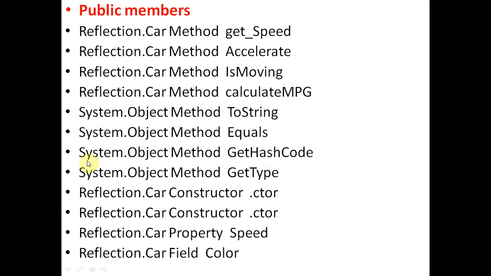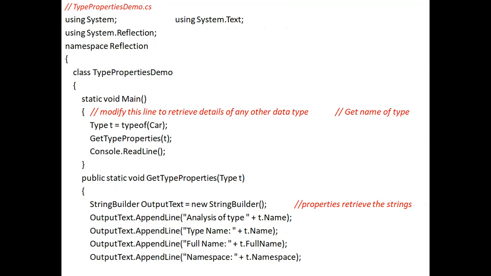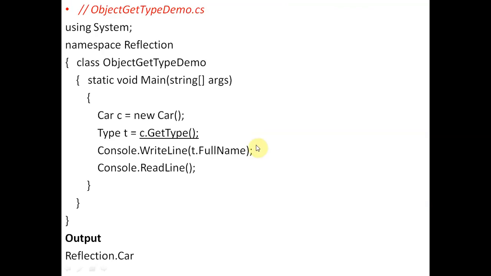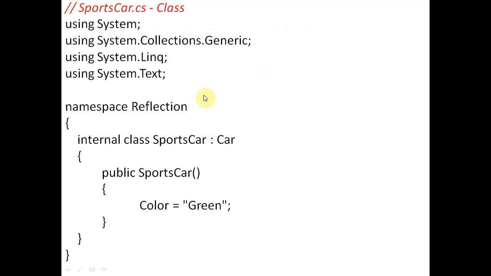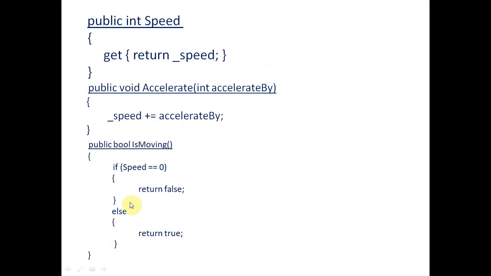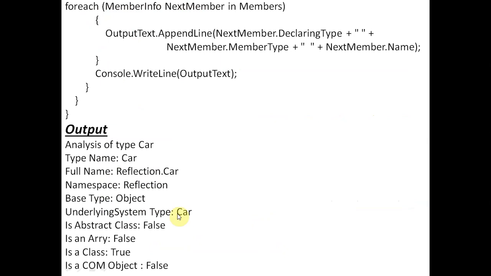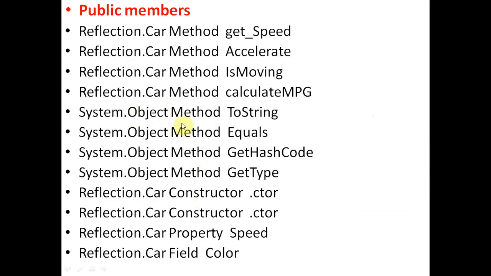You can see all these predefined methods are the ones we are using here, get type, equals, and the speed getter. So whatever we use in this program, it will return all these methods: system dot object method to string, equals, get hash code, get type. It will return these members also.